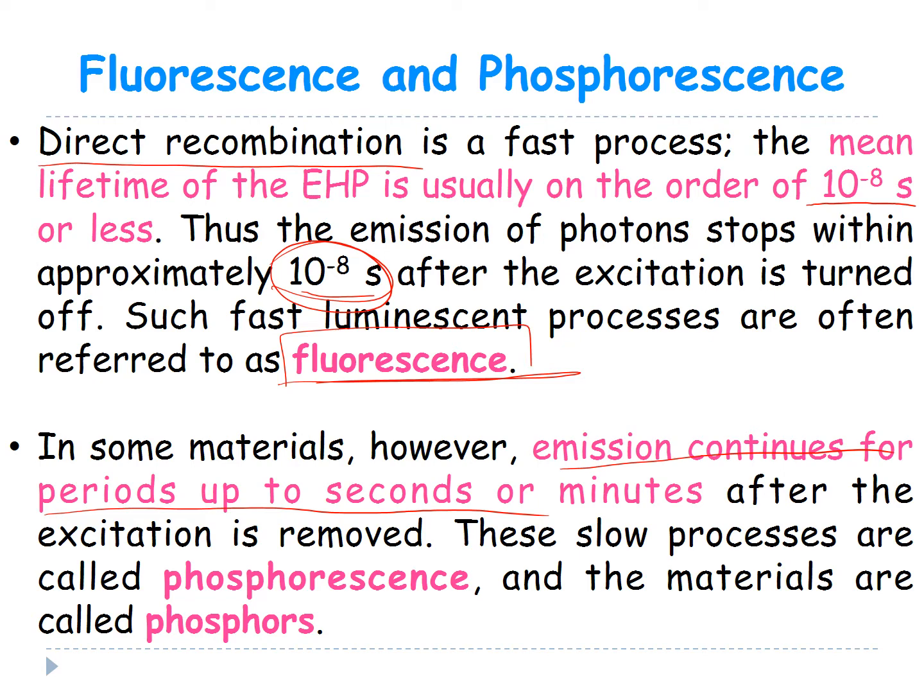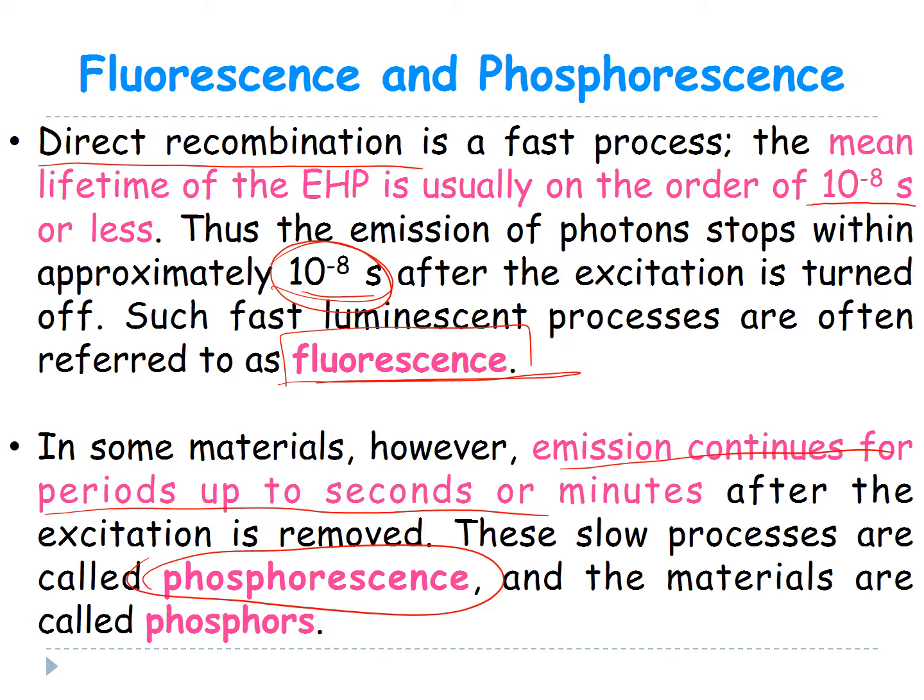But when the emission continues seconds or even minutes after the emission, we call that phosphorescence. So this emission is very short, it stops quickly, but here it's kind of prolonged, it lasts a little bit longer.